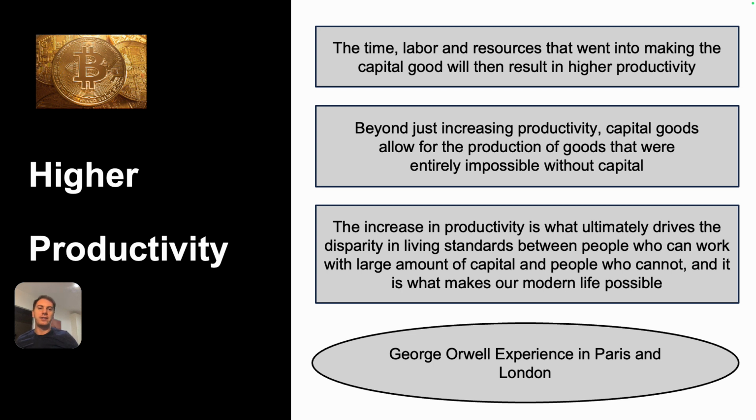A good literary illustration of the value of capital comes from George Orwell's Down and Out in Paris and London. Orwell spent a lot of time with low-income workers in both major European cities in the 20s and in the 30s. One of his most astute and profound observations about the state of poverty in which he lived was how expensive everything was for poor people.